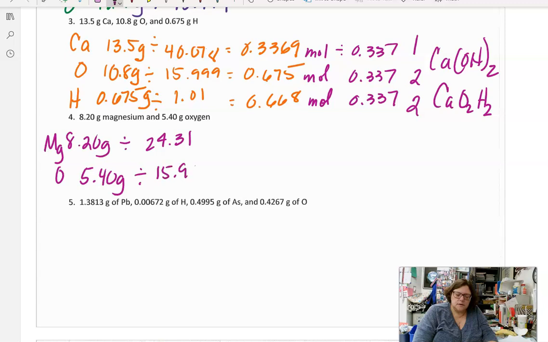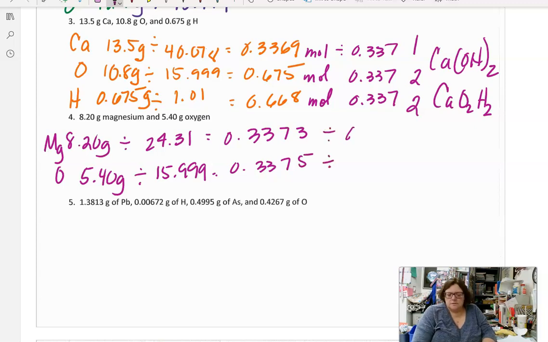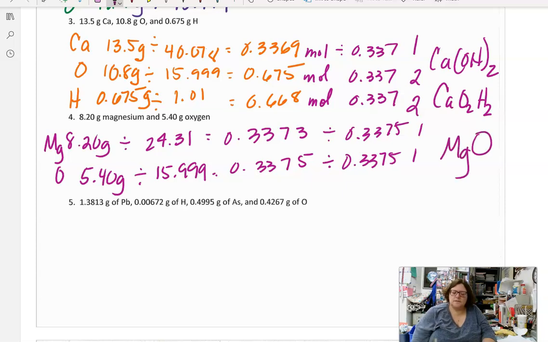Oxygen is 15.999. 8.2 divided by 24.31 gives me 0.3373. 5.4 divided by 15.999 gives me 0.3375. If I divide by the small, which is 0.3375, I end up with a 1-to-1, so that guy's formula is MgO.